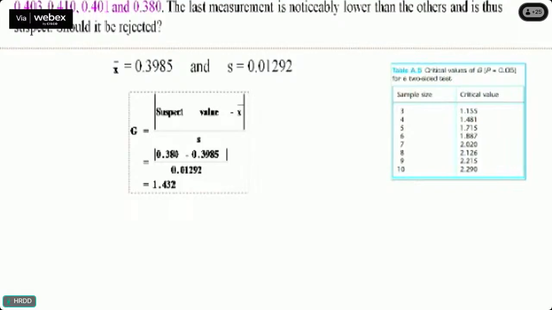If it were just visual examination, we would have rightly rejected it because most of the other ones are above 0.4. But should we take a decision just by visually examining or by applying some basic theory behind it?